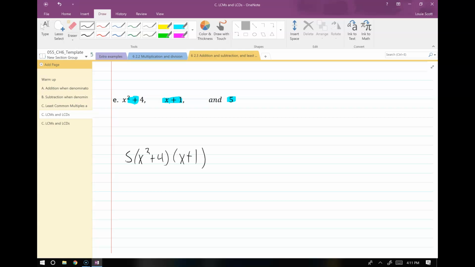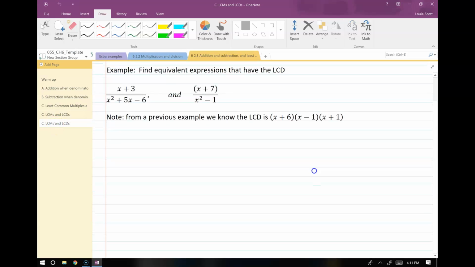Okay, so now let's introduce the first bit of adding these things together. Right now, these guys are asking us to find equivalent expressions that have an LCD. And if we were going to add these two fractions together, this is how we would start it out.